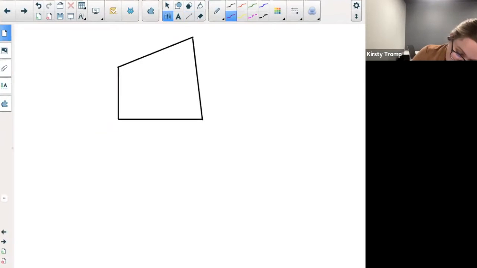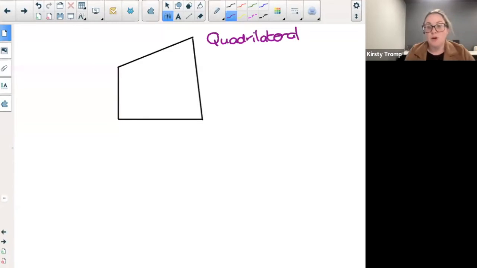I'm going to give myself a little heading here and call it quadrilateral. Any kind of four-sided shape, a quadrilateral.